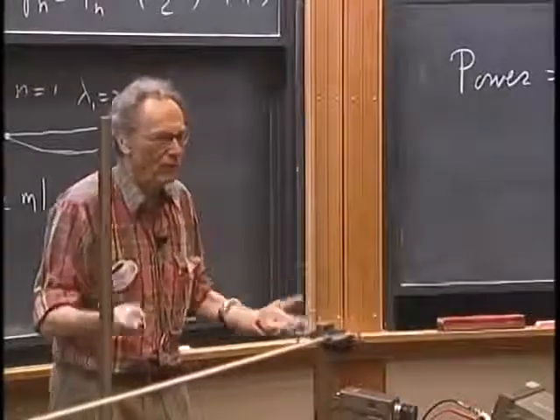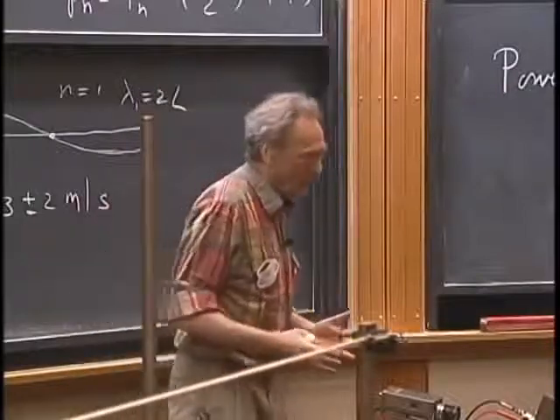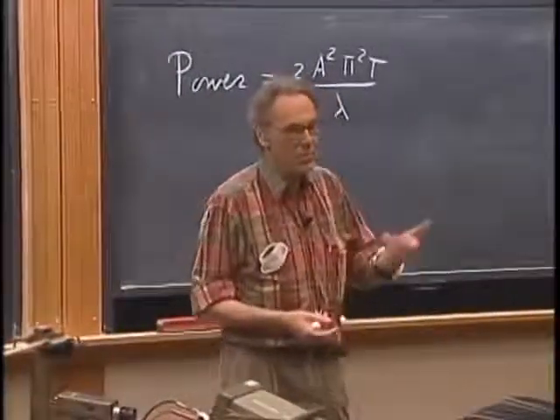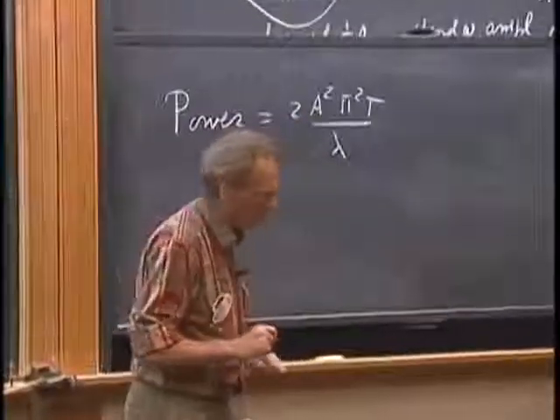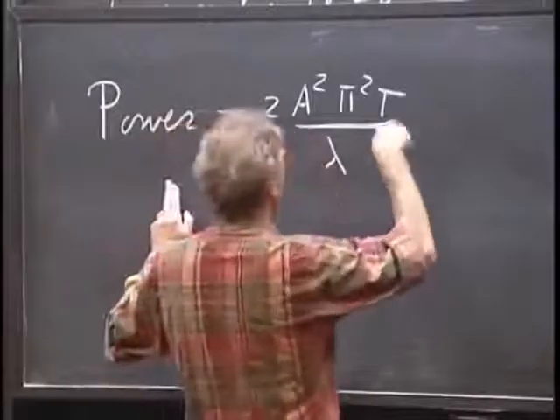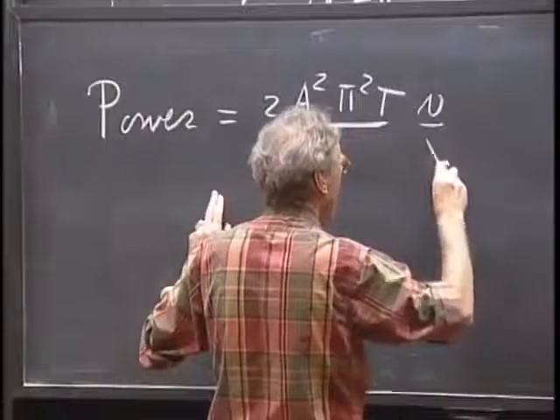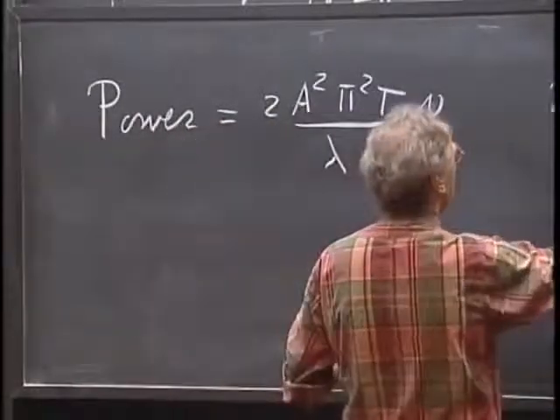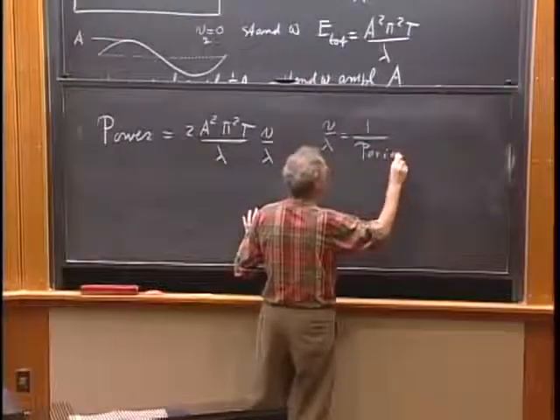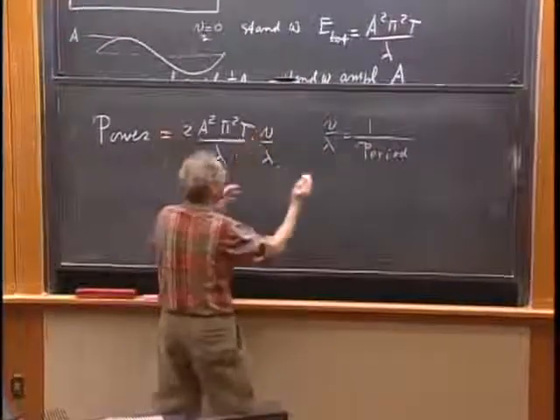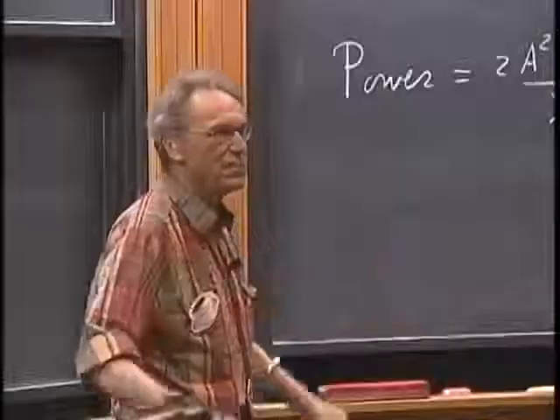The period of the oscillation is the same as 1 over the frequency. And 1 over the frequency is v divided by lambda. So therefore the power is simply the energy that I'm generating, and v divided by lambda is 1 over the period of one oscillation. Energy divided by period, the time that it takes to make one oscillation, is by definition power.